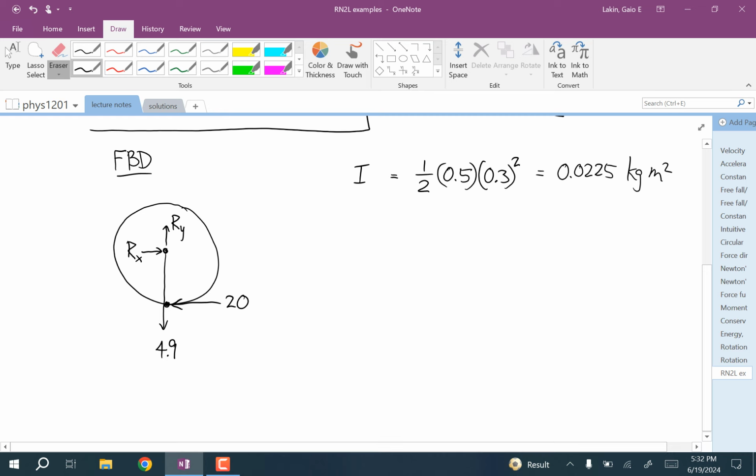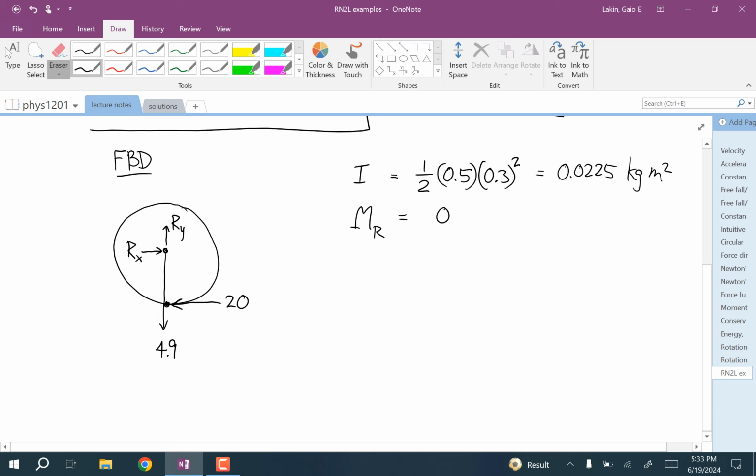And now we have to calculate the moments produced by all these forces. There's 3 forces here. The moment produced, or the torque produced by these forces Rx and Ry, well, both of them act at the hinge. And so the distance is 0, and so the moment has to be 0.